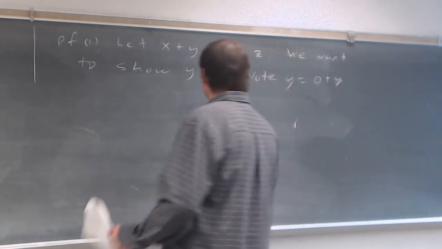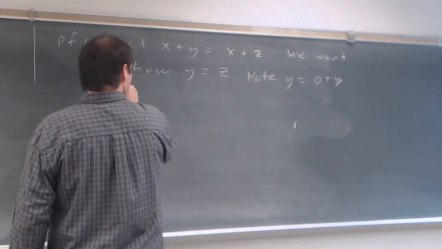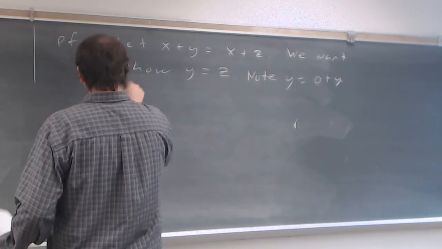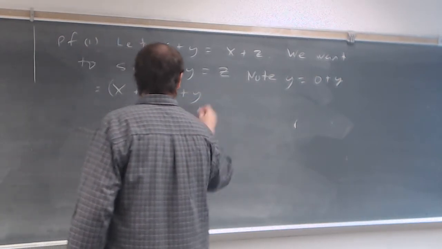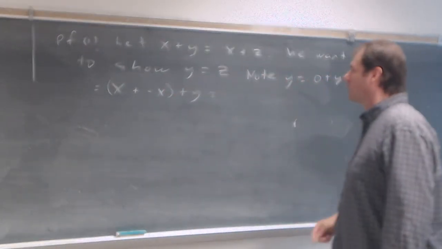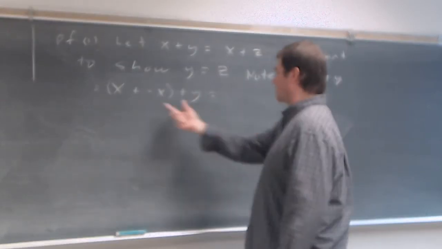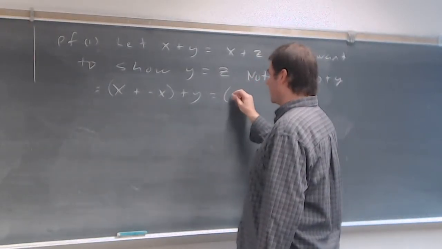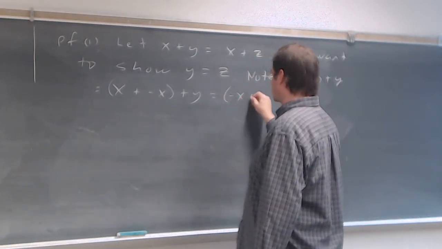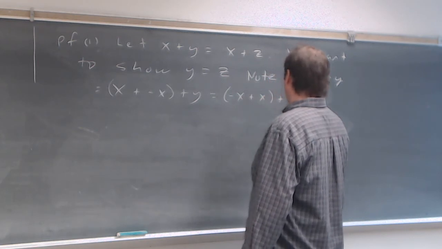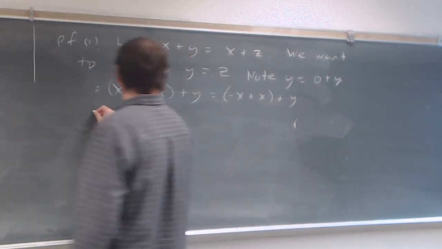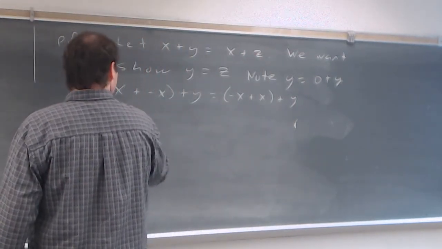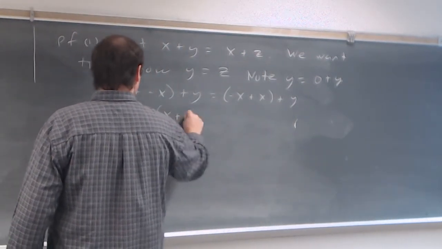And then we're going to rewrite 0 as X plus minus X plus Y. We're going to commute these, and we're going to get minus X plus Y. Then we're going to do association to say this is the same thing as minus X plus the quantity X plus Y.